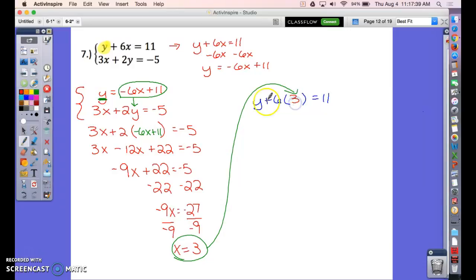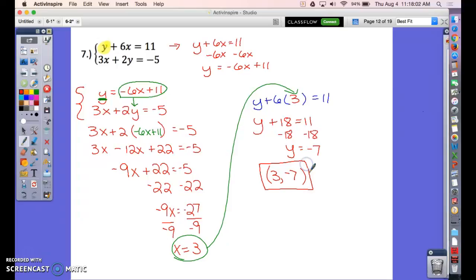So again, where did that come from? That came from this original equation right here. Now solve for y. Last step, put your answers into an ordered pair form and check your solution.